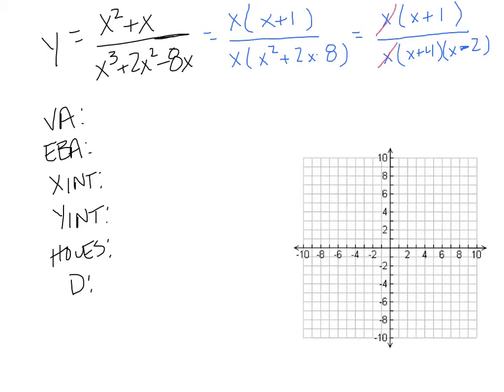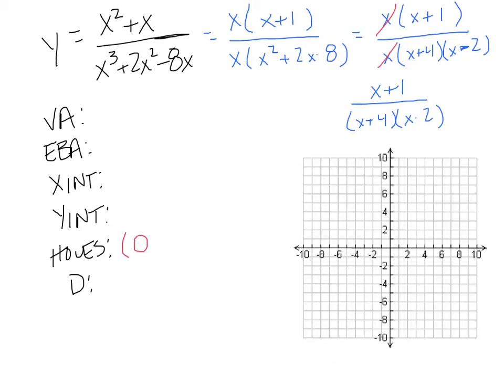That lets me know that the x value is going to be 0 at my hole, because what makes x equal 0? 0. Now let's go ahead and write the simplified version so we can use that to help us make our graph. I have x plus 1 over x plus 4 times x minus 2. That's what I'm going to use to find all of my stuff.